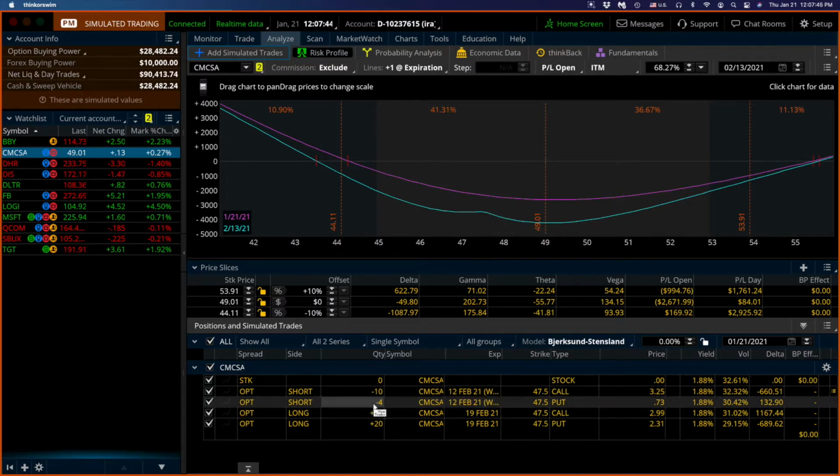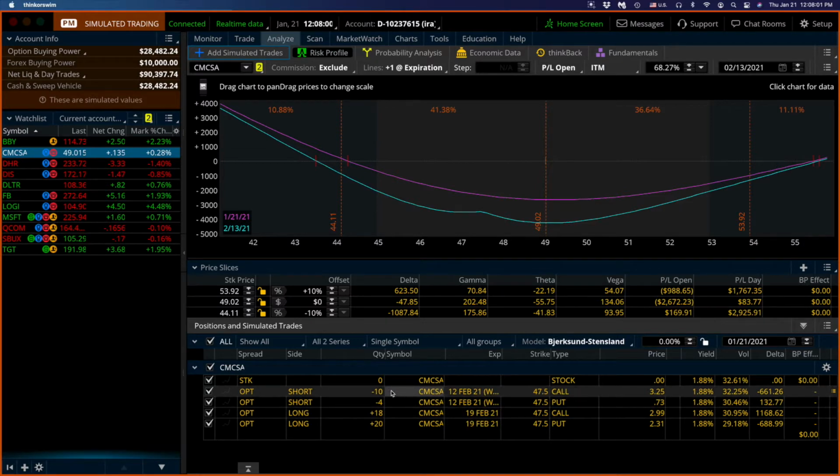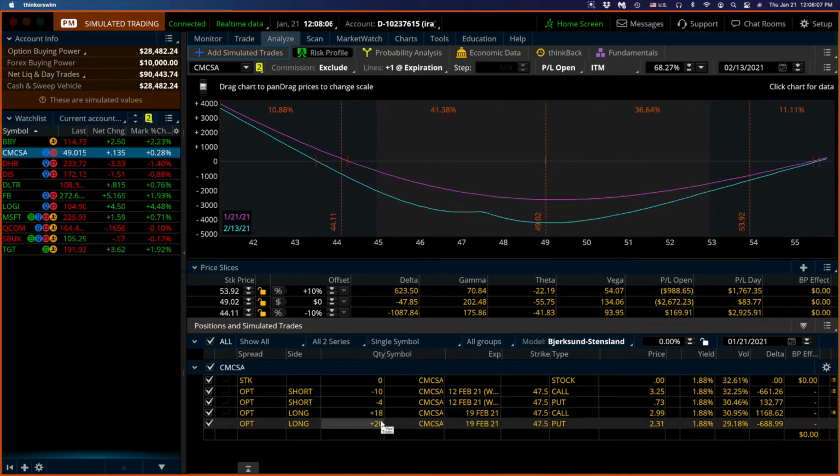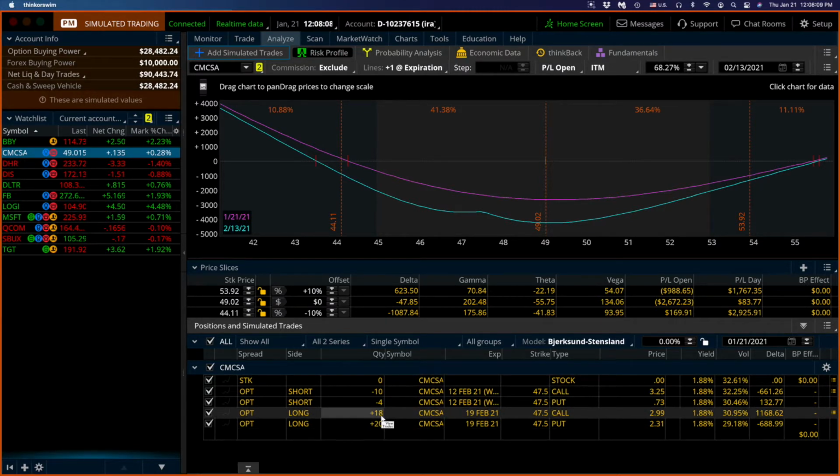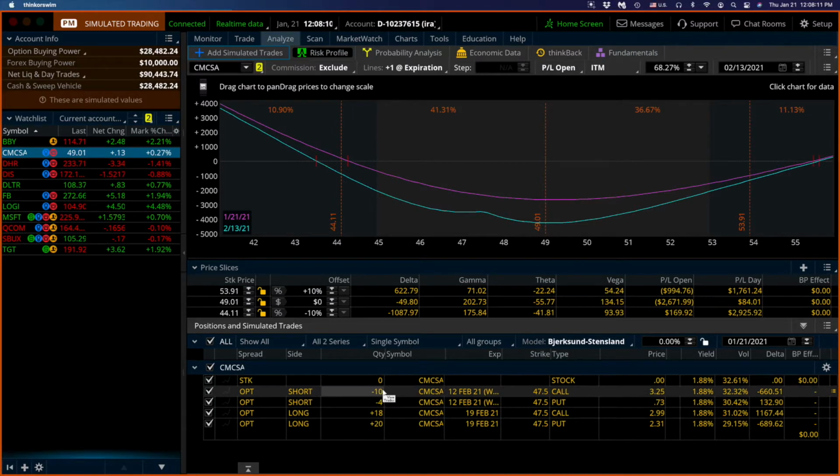Well, it seemed like at some point the stock was going up and we didn't quite sell as many puts. We could sell now enough puts to neutralize the trade, the same as what we have here. Remember, for this to be neutral, you need to have an equal number of long calls versus puts, and as many short term.